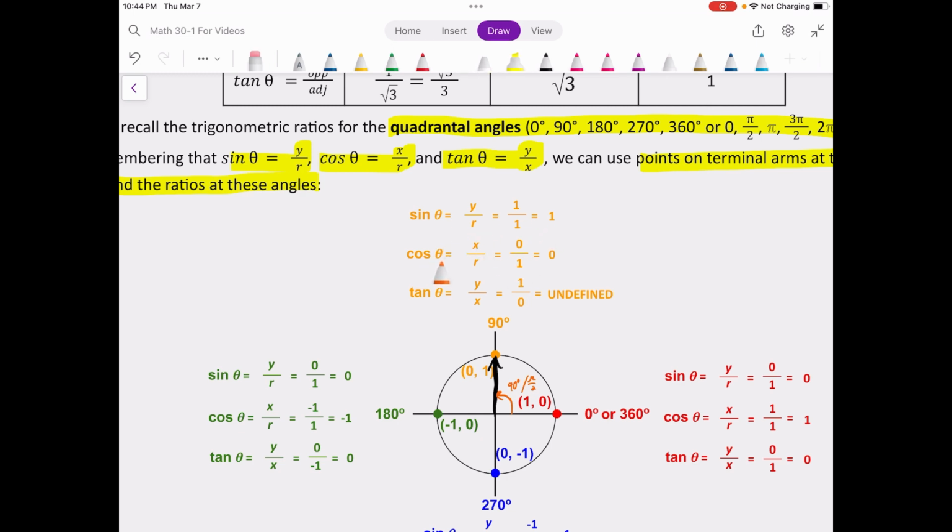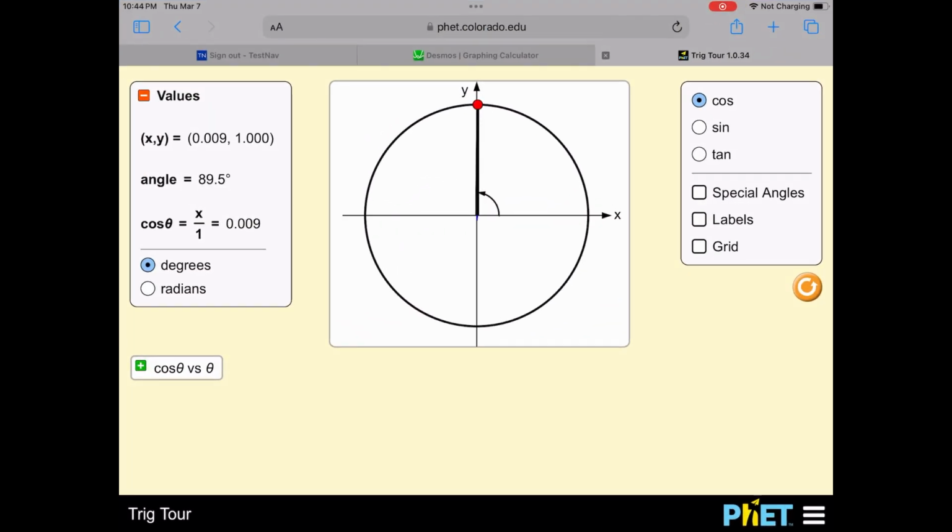Cos of 90, well, what's x? What's the x coordinate of the point on our terminal arm? It's 0. So 0 over 1 is 0, so cos 90 is 0. Sine 0 is 0, cos 0 is 1, sine 90 is 1, cos 90 is 0. But it makes sense. It's not something to be memorized because, again, look what's happening.